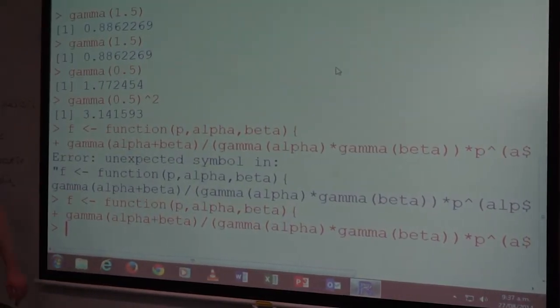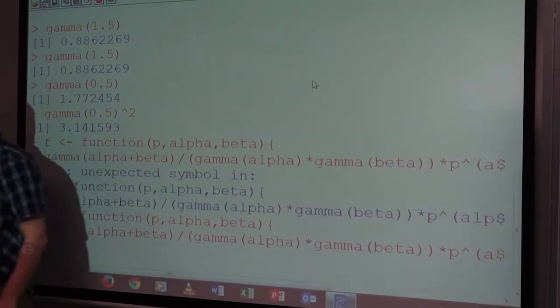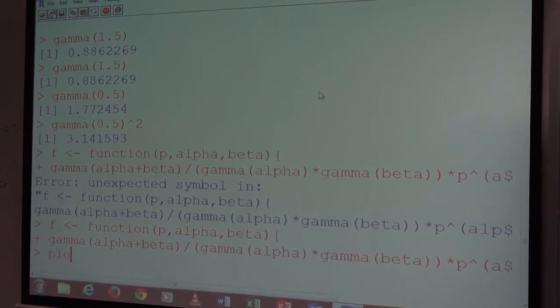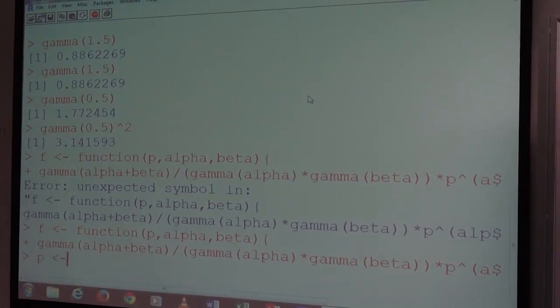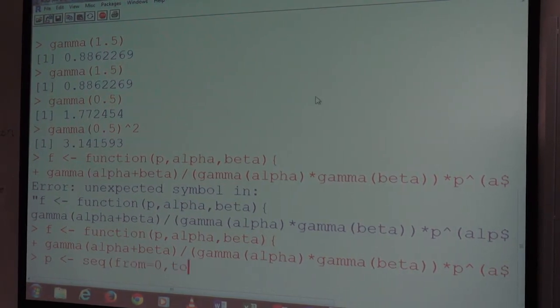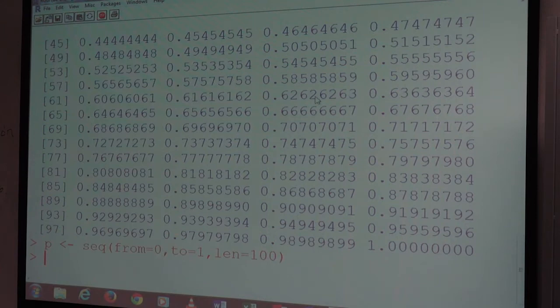Did that work? Now I can choose what happens with alpha and beta. So I'll show you what happens. p becomes a sequence from 0 to 1.